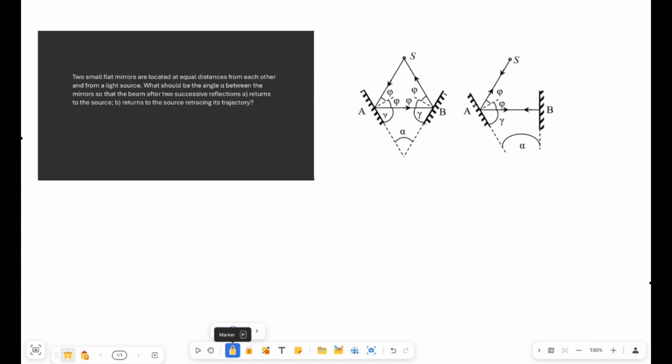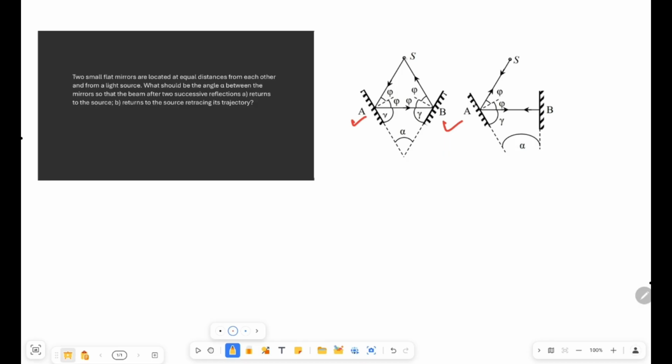And you can see here I have placed the statement of the problem and the supposed solution diagram side by side. And we just need to follow the statement of the problem. These are the two mirrors, and in the first case it is being asked what should be the angle between these two plane mirrors so that the ray returns to the source itself.